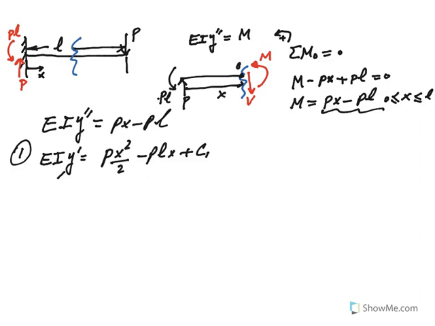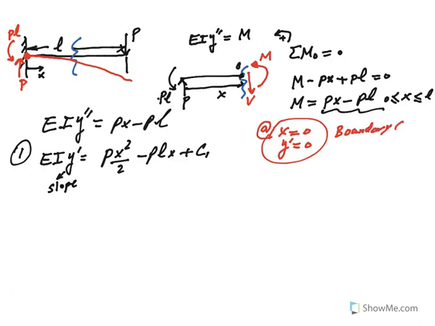Remember, y prime represents a slope. What can we tell about this beam? Remember in the last page, I showed you that this beam is going to deflect like that. Therefore, its slope must be 0 there. So at x equals 0, the slope y prime is 0. This is known, by the way, as a boundary condition.